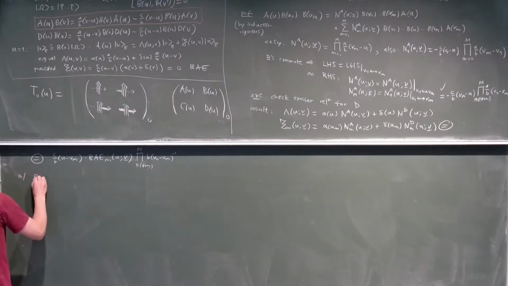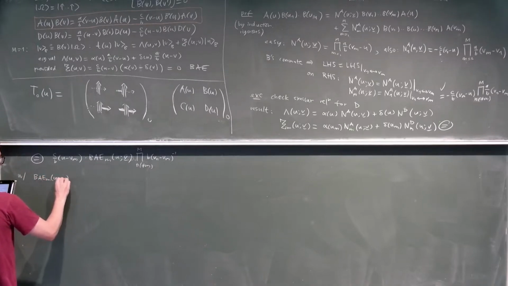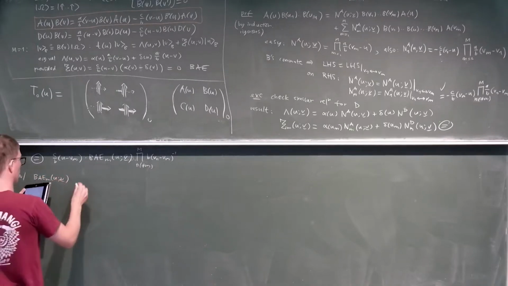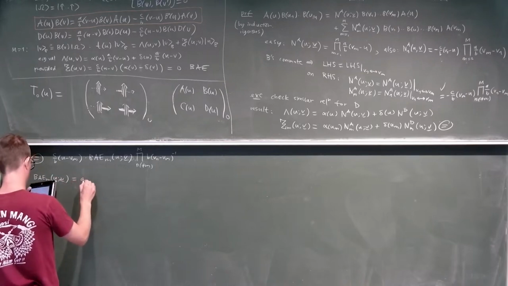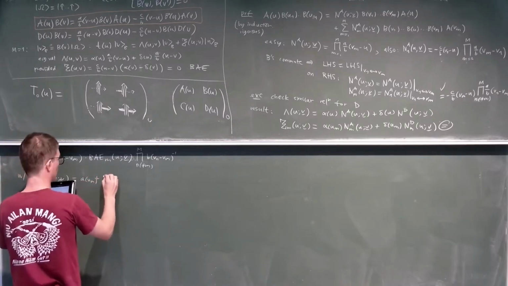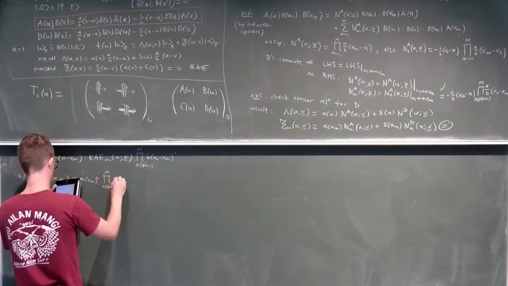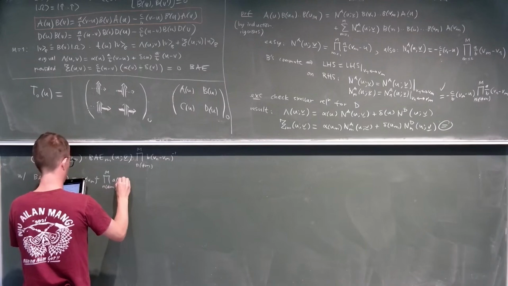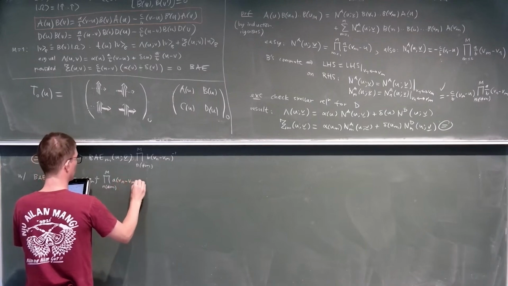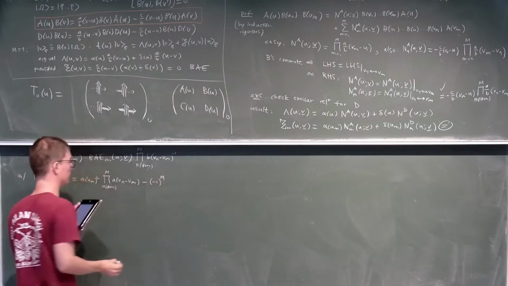And here, what I denoted by BAE_m of u and v are, well, let me write out what we found so far. A(v_m) to the power L, product over little n not equal to little m of a(v_n minus v_m). Then we have minus 1 to the m.